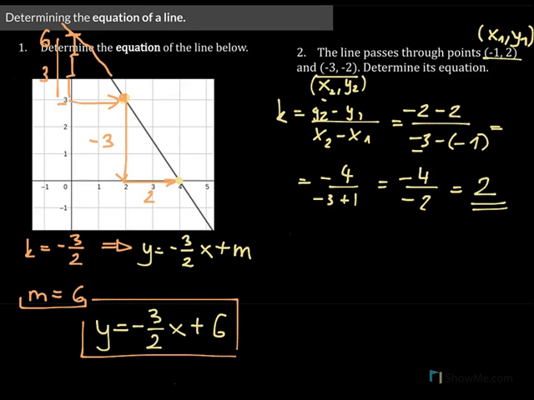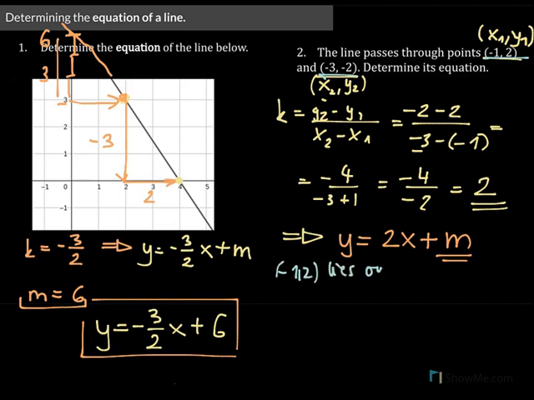So this is my slope, which means that the equation of this line will be in the form y is equal to 2x plus m. I don't know what m is, but I know that both these points, -1 and 2 and -3 and 2, lie on this line. So I'll use the first point, for example. -1 and 2 lies on this line, and I will use the coordinates.